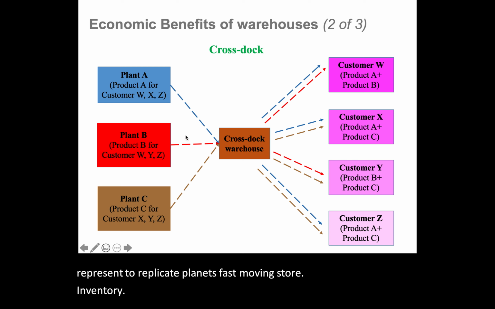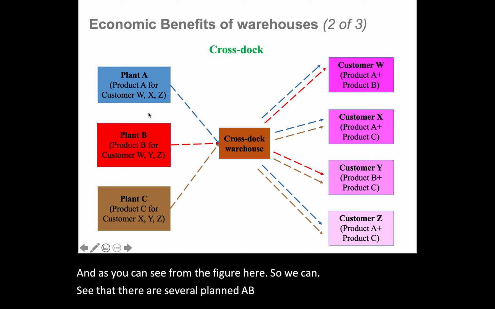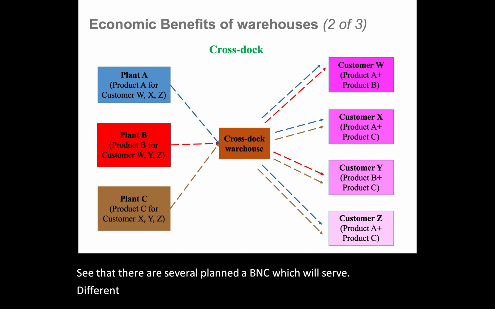And as you can see from the figure here, there are several plants A, B, and C, which will serve different customer categories, and they all send their product to a cross-dock warehouse.